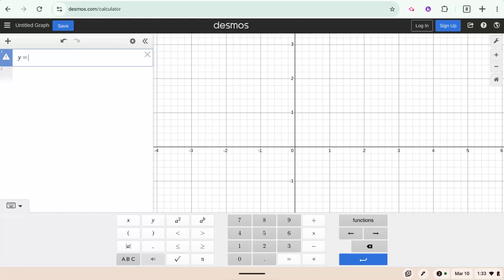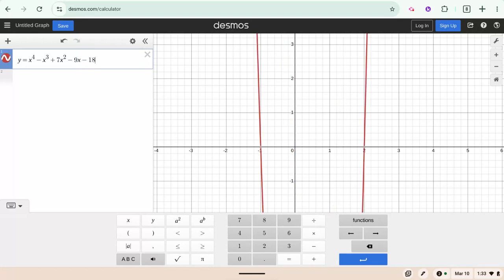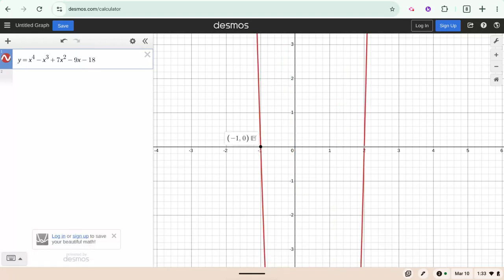So let's see, I have y equals x to the power of 4 minus x cubed plus 7x squared minus 9x minus 18. All right, I see that it crosses the x-axis at negative 1 and positive 2. Okay, that's very, very helpful.